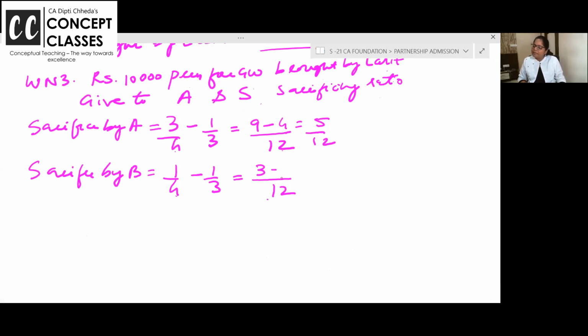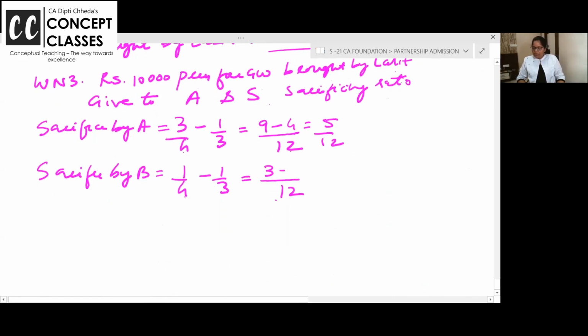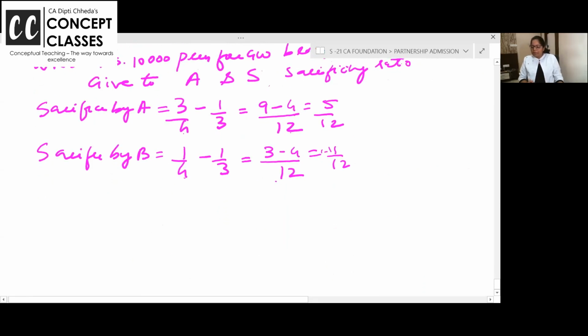This partner is gaining. The old ratio was 3 to 1, so 1/4 and now 1/3. So 12, and 3 into 4 is 12, 4 minus 3. 1/12, he is gaining. Now this one is gaining and that one is sacrificing.